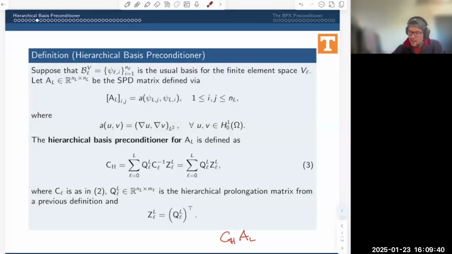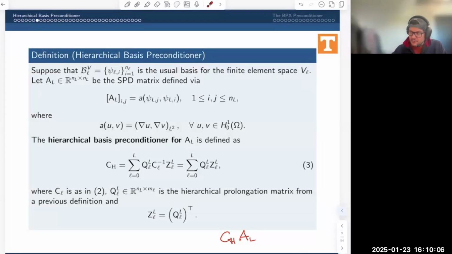Now, I'll remind you of something that we covered in a numerical analysis course here at the University of Tennessee, when we covered the conjugate gradient algorithm. When we covered conjugate gradient, we did all the theory, and then we redid the theory for the preconditioned conjugate gradient algorithm.